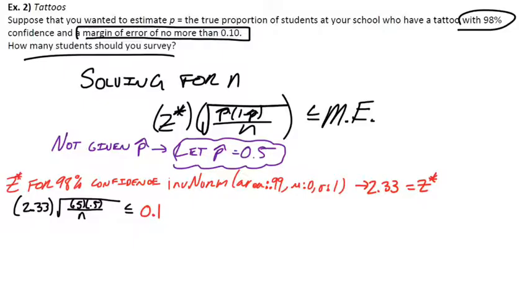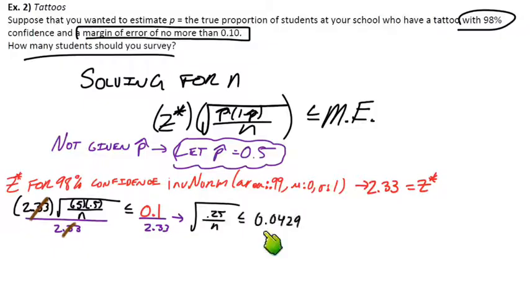At this point, it just requires a little bit of algebra, and we can solve for n. Let's do the easy stuff first. Let's divide both sides by 2.33. Okay, so the 2.33 is gone over here, and now we're looking at 0.0429 on the other side. Where'd the 0.25 come from?